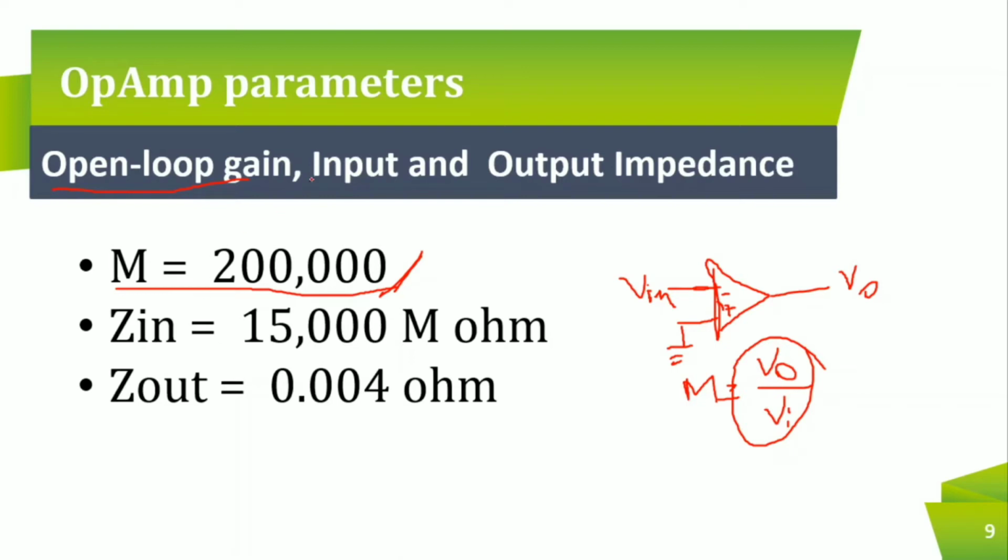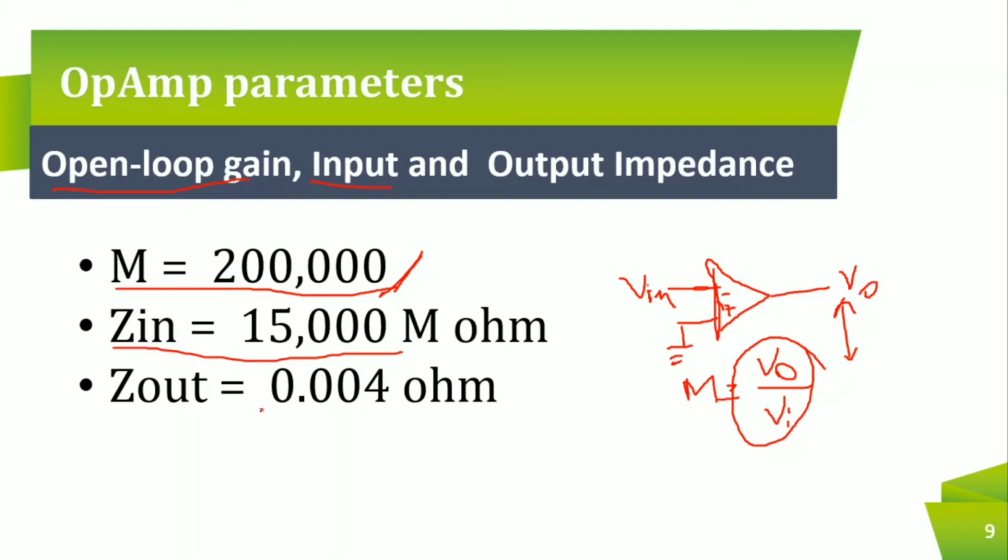Next, input impedance. What is the input impedance? By the ideal characteristic of an op-amp, input impedance should be infinity. But here it is not infinity; it has a certain value equal to 1500 mega ohm. Now output impedance. It is the impedance offered to the output circuit by the op-amp at the output terminal.